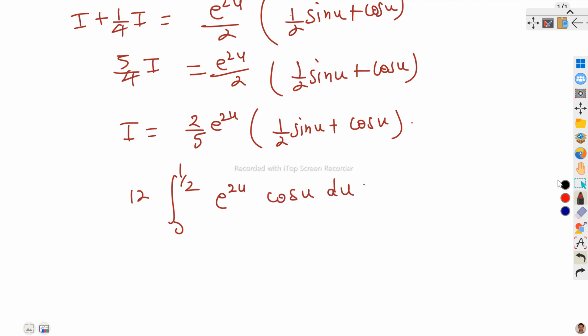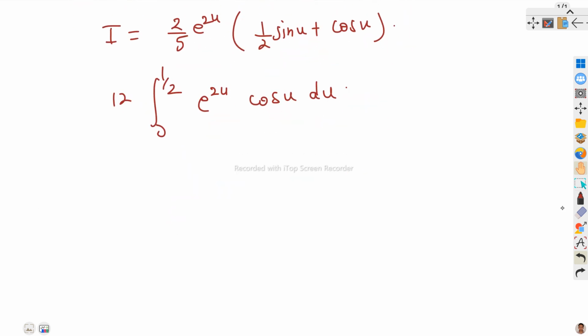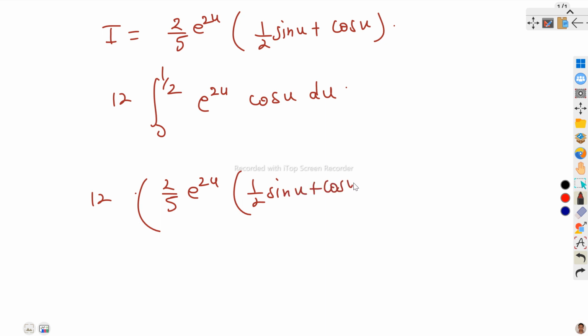The value of this integral is 12 times 2 upon 5 e raised to power 2u times (1 upon 2 sin u plus cos u) from 0 to 1 upon 2.